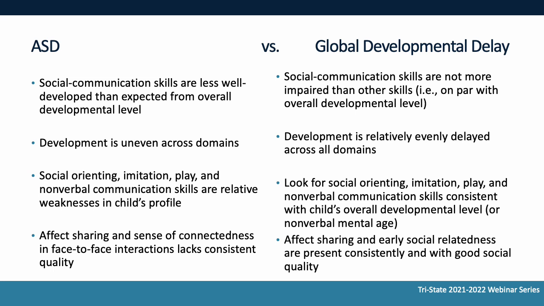As opposed to if the child has a developmental delay, those social and communication skills are more likely to be on the same level as the other skills that are delayed. So in ASD, development tends to be more uneven across domains, whereas in a global developmental delay situation, development is usually relatively evenly delayed across domains.